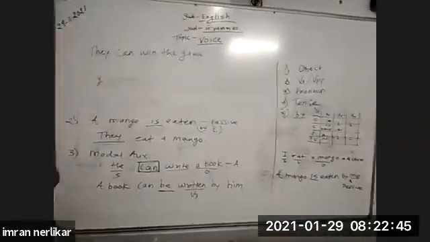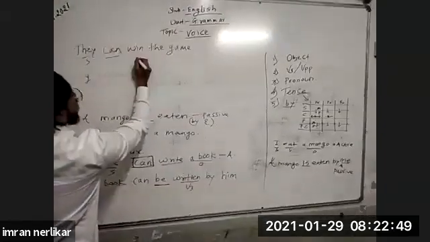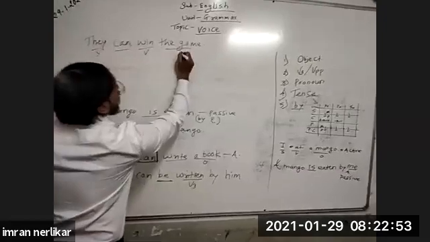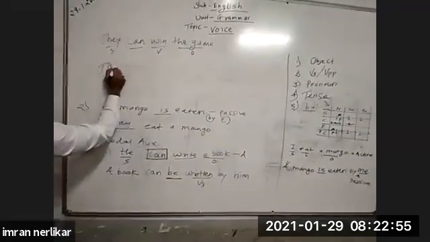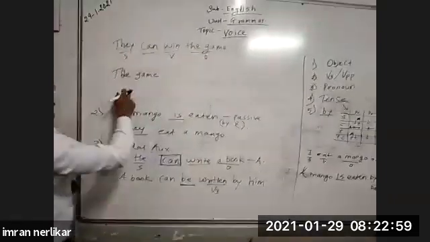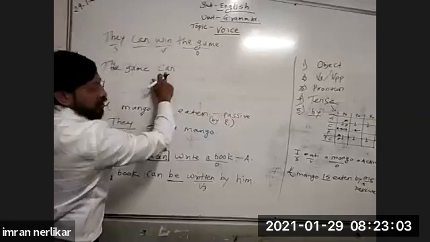Now here in this sentence, if you will see, they is subject, can is helping verb, modal auxiliary, win is verb, the game is object. First of all you have to write, object becomes subject: the game, can. The helping verb, modal auxiliary, is can.